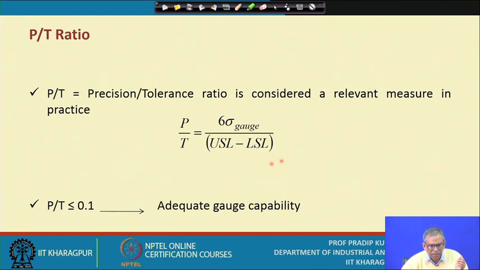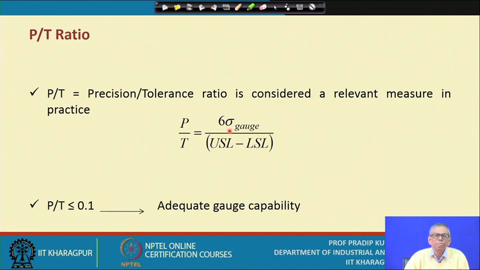This is basically the allowed spread, and this is basically the actual spread, 6 into sigma, assuming normality, obviously. So what is that proportion? If the proportion is less than or equal to 10%, they say it is fine. It means the measurement error or the gauge variability is acceptable.